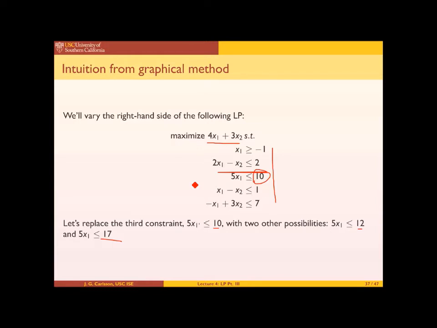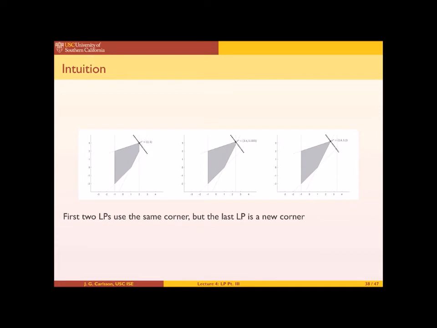You might want to pull up the PDF slides because this might not render so well. But here's the solution to those 3 problems. When the right-hand side is equal to 10, the solution is here. When I change that from 10 to 12, the optimal solution moves a little bit to the right, but it's still the same corner.